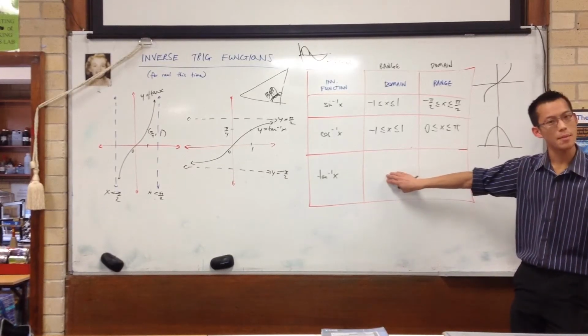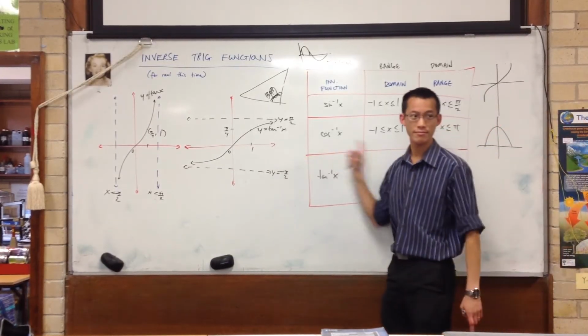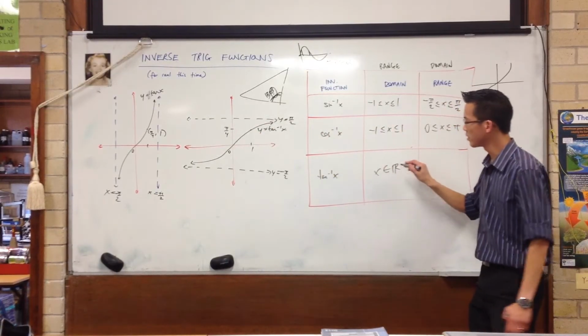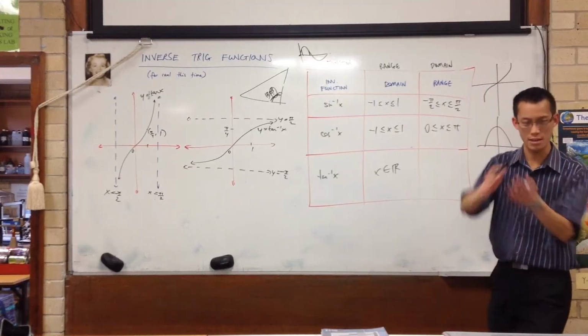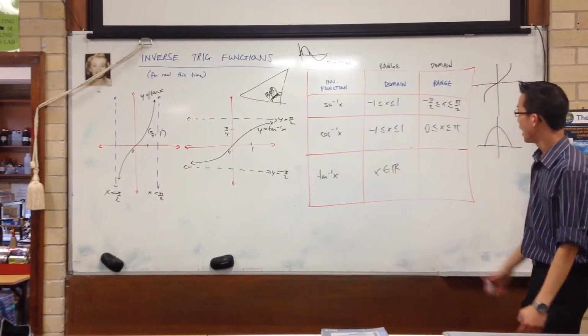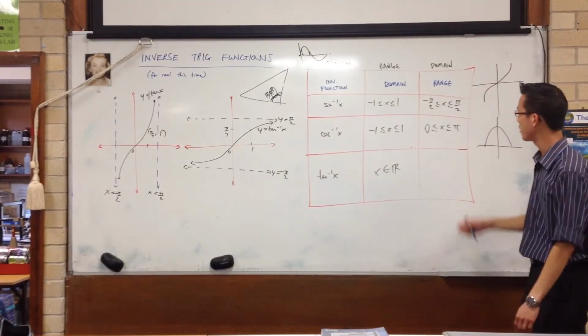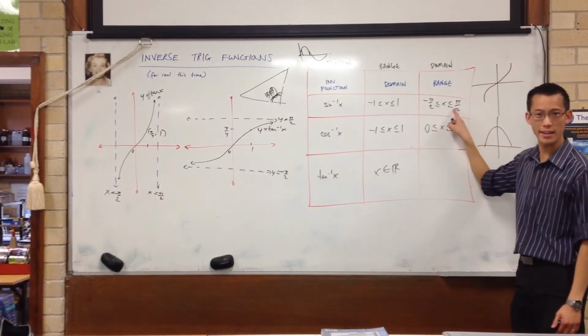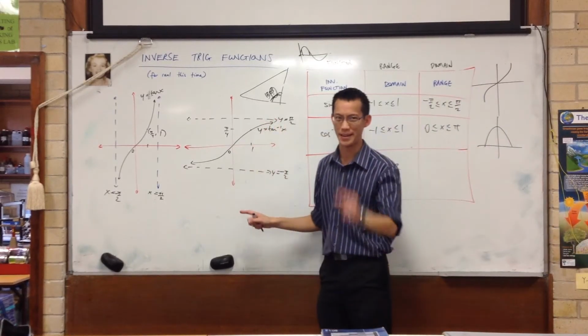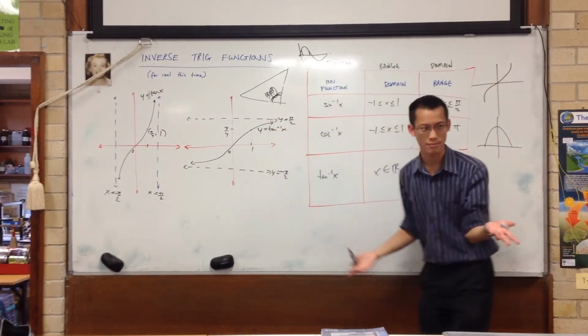Okay, tan inverse, what's the domain? You can see it there. It just goes on, because for the original function tan, its range was all real values, so it swaps around. Now just a little thing to be careful about: the range of tan inverse is very similar to the range of sine inverse, but it's not quite. What's the difference?